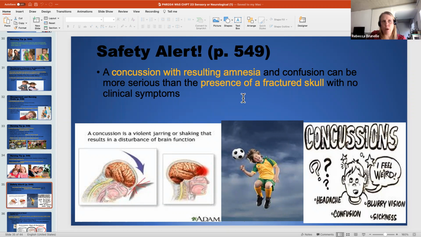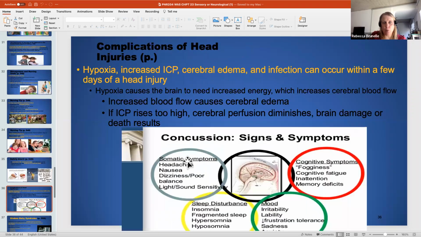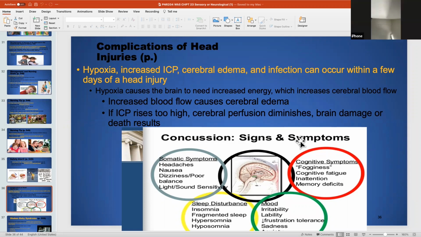Confusion and amnesia are bad signs following a head injury. Sometimes you won't see problems for a couple days; it doesn't necessarily happen right away. So you need to make sure that parents are aware of that and are monitoring their kids for 2 to 3 days after the head injury.